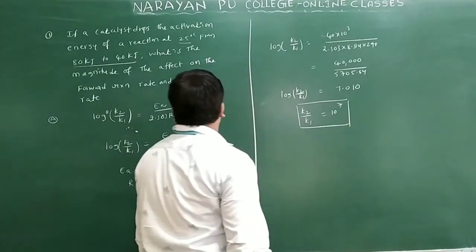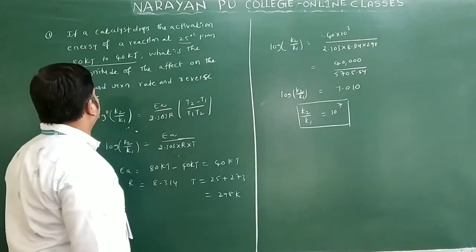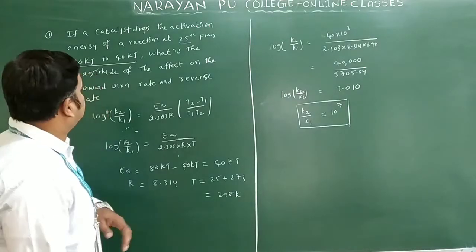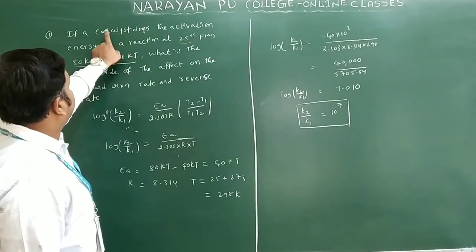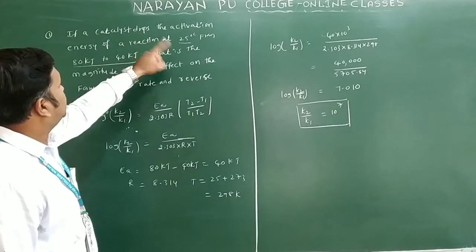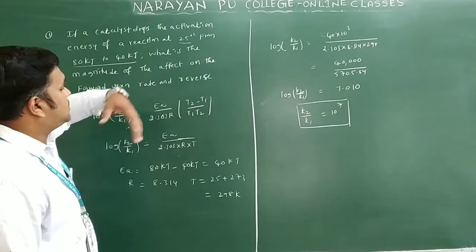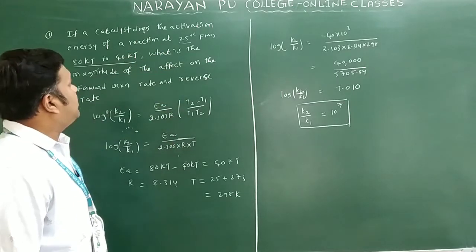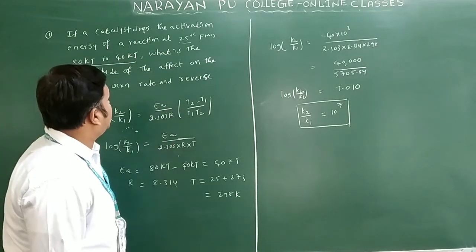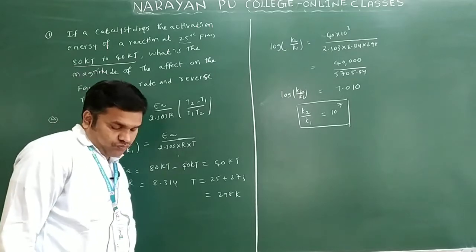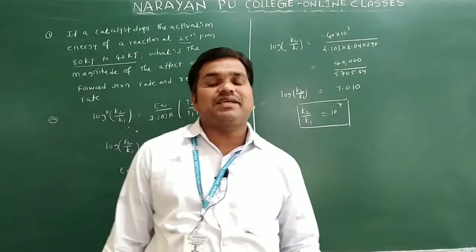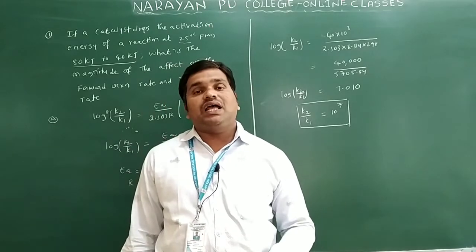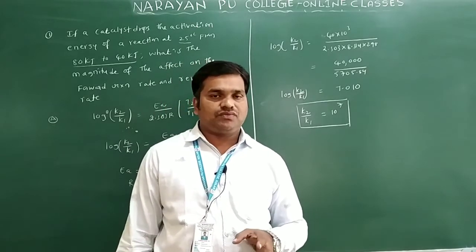Now what is the question here? What is the effect of magnitude on the forward reaction rate and the reverse reaction rate? A catalyst lowers the activation energy of a reaction at 25 degrees Celsius, from 80 kilojoules to 40 kilojoules. A catalyst is a substance which alters the rate of reaction without undergoing any chemical change.